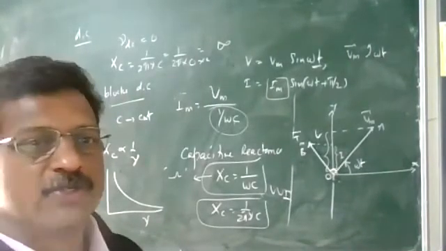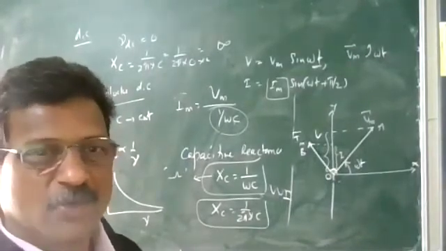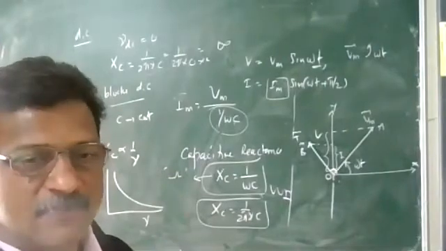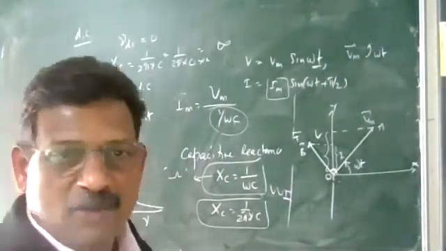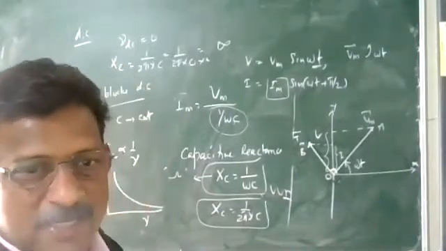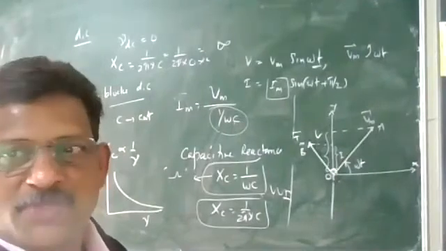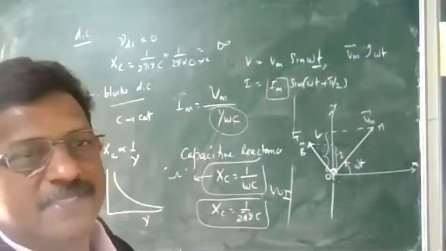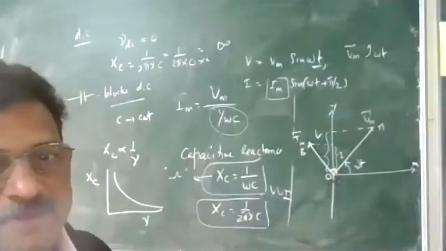So a capacitor cannot be used to control DC current because it offers infinite resistance. An inductor also cannot be used because an inductor will not offer any resistance at all. So these two cannot work in a DC circuit. So these are the elements used to control what? AC. But a resistance can be used to control both DC and AC.